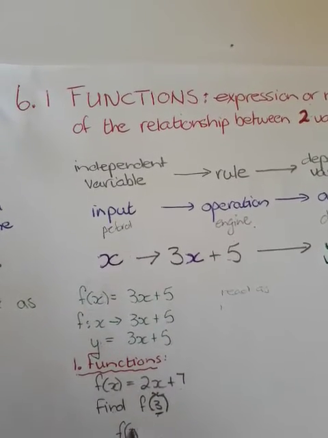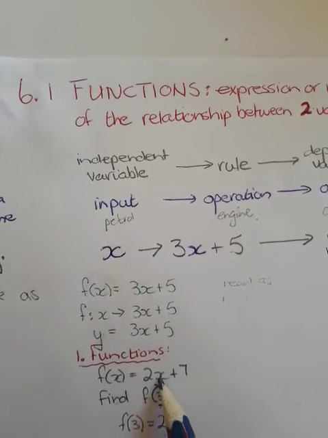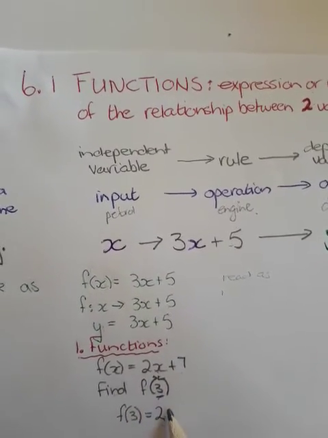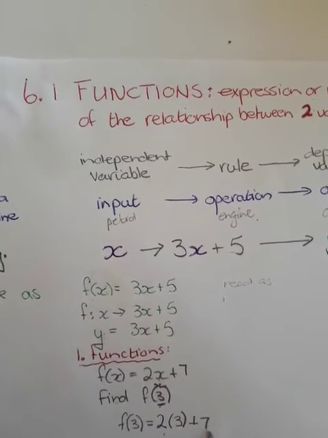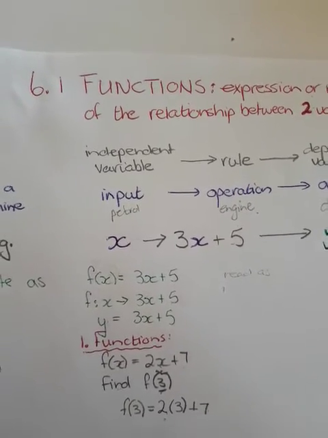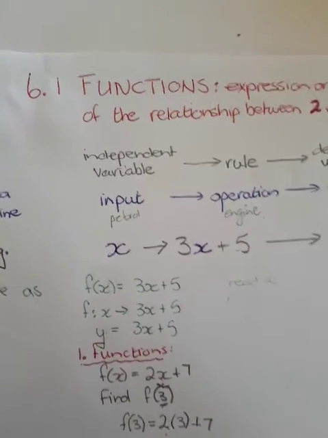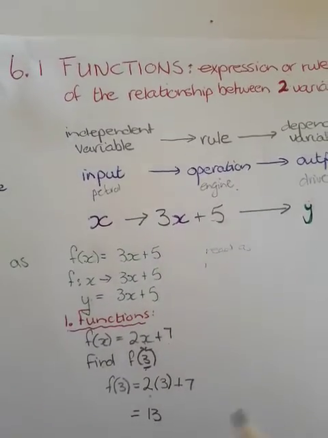So f of 3 equals 2, and in the place of x, you write a 3, and then plus 7. Then you simply calculate that, and that gives me an answer of 13. This is all that it really is.